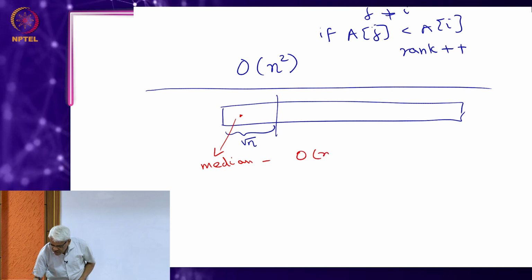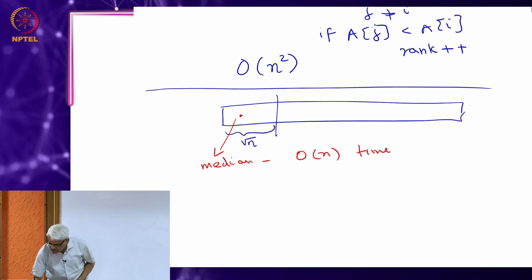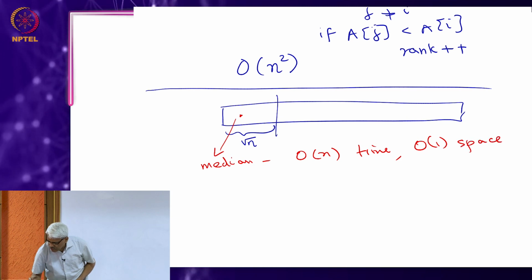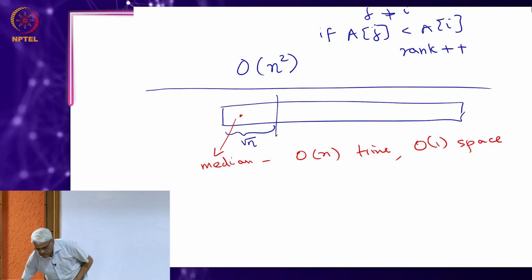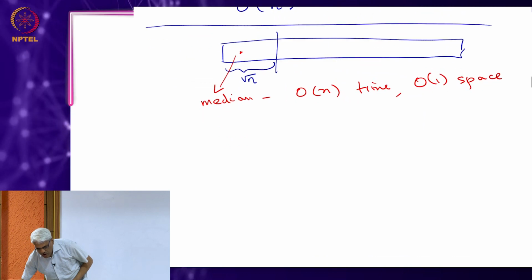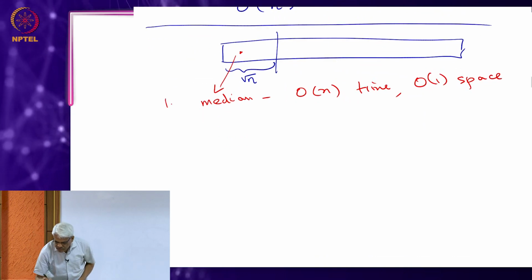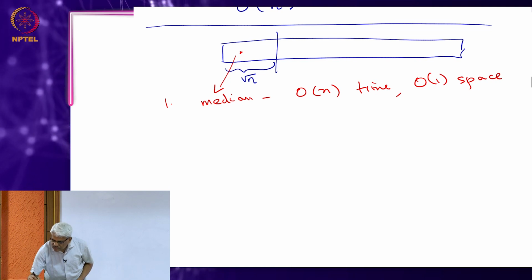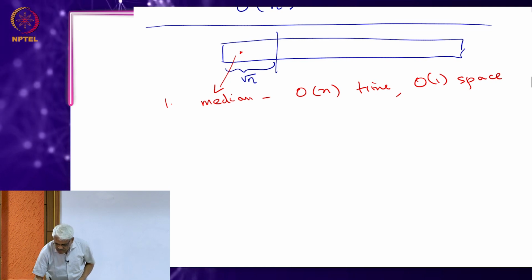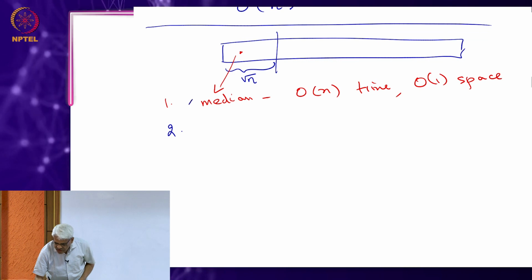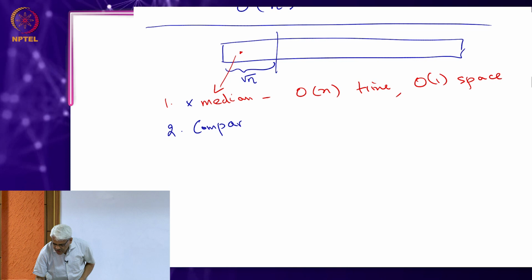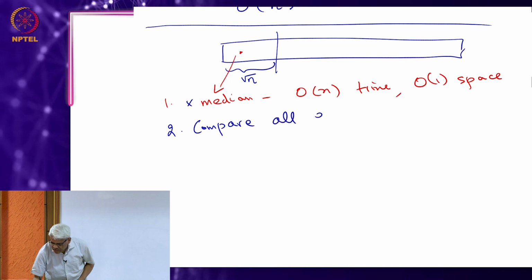So this is order n time. Now this is step 1. Let us call this x. Compare all elements with x.